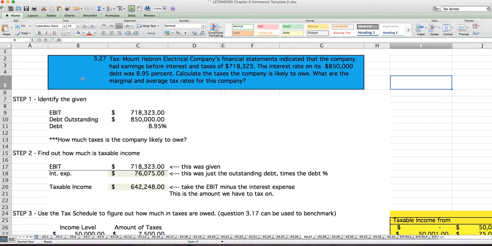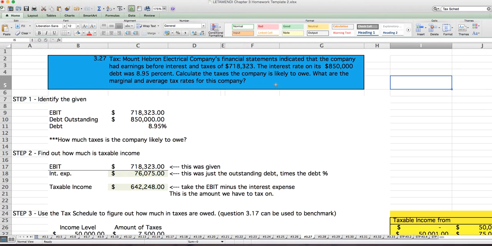So now, here's the question. Mount Hebron Electrical Company's financial statements indicated that the company had earnings before interest and taxes of 718,323. The interest rate on its 850,000 debt was 8.95%. Calculate the taxes the company is likely to owe.